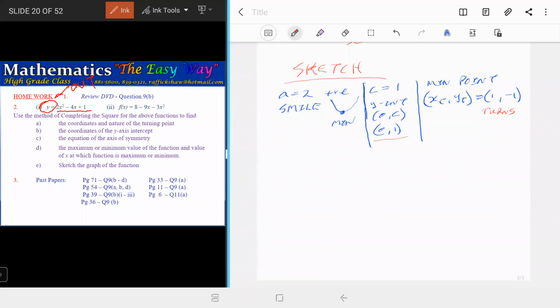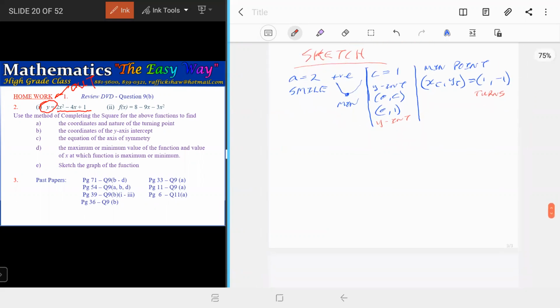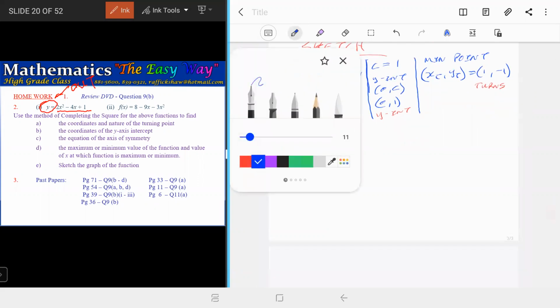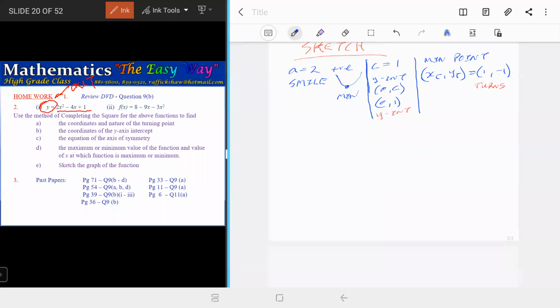So we can just write here the y-intercept. That's all we need for now, those two things. And it's a sketch, so we're not going to put any scale on the graph. You don't have to be very accurate in terms of coordinates and these things. It's just a sketch.